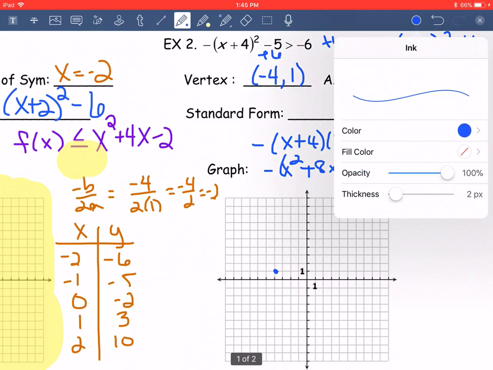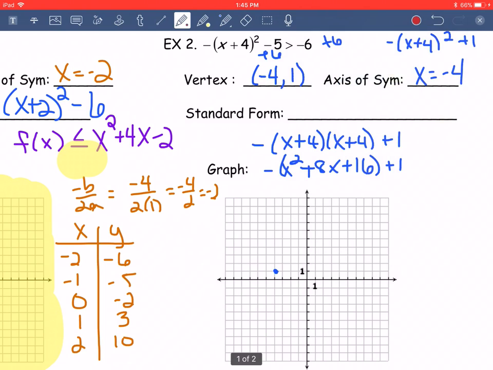I need to distribute my a now. So a is a negative 1, so it's going to go to all three of those. So I have negative x squared minus 8x minus 16, and then I have the plus 1. So it's negative x squared minus 8x minus 15.